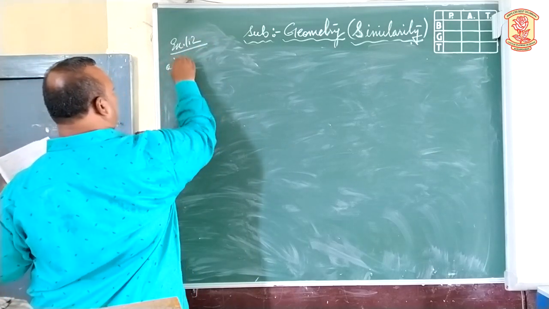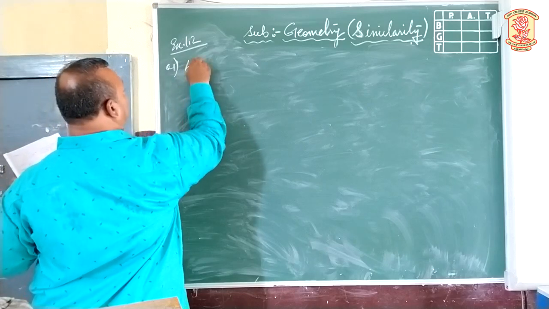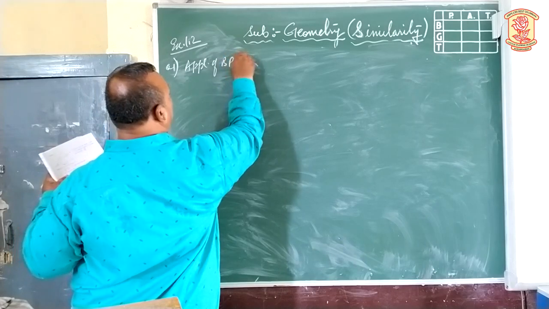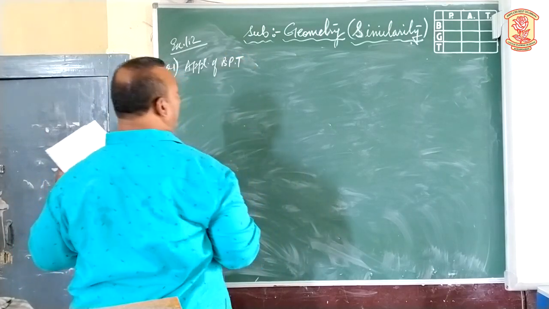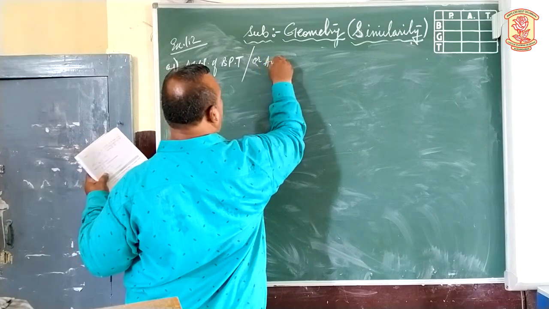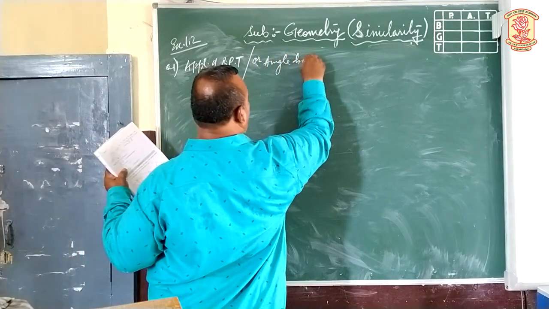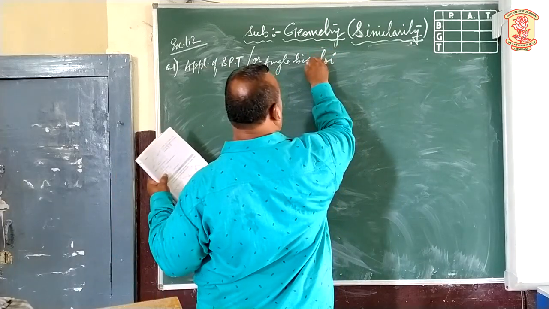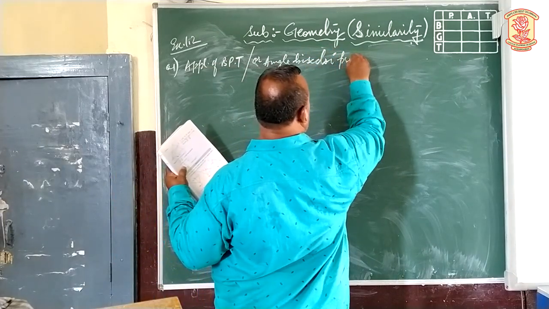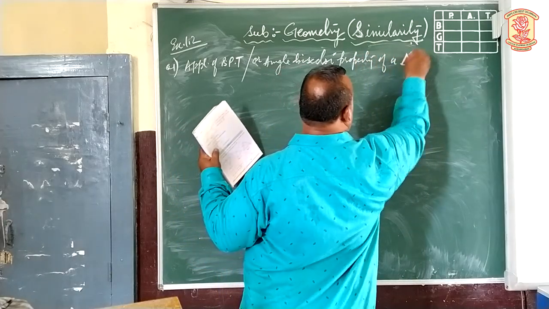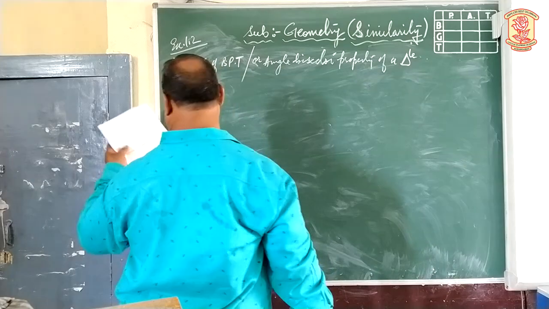The property, directly we can write, is also called application of BPT or the angle bisector property of a triangle.